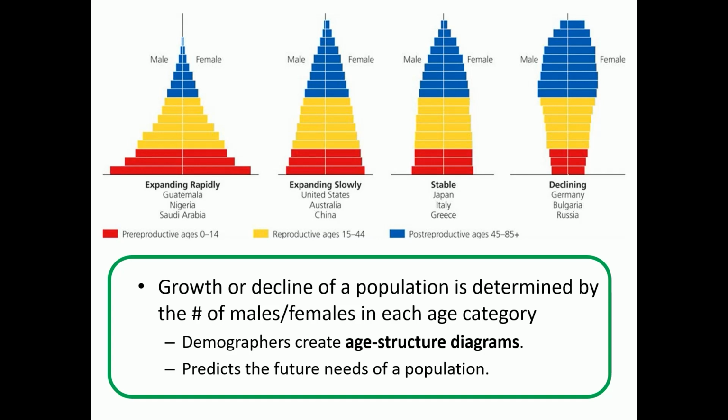And this causes a kind of lopsided diagram, a top-heavy diagram, where there's more elderly people in the population than there are individuals in their working years to be able to take care of them. And then even fewer below that in terms of the pre-reproductive category. So it's unlike the other diagrams in that the sides are actually getting narrower and narrower as time goes forward.